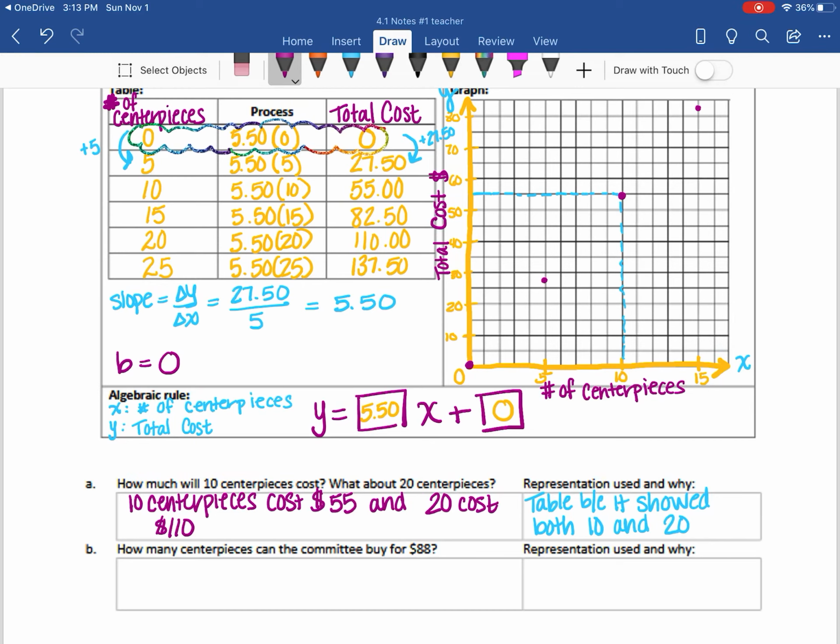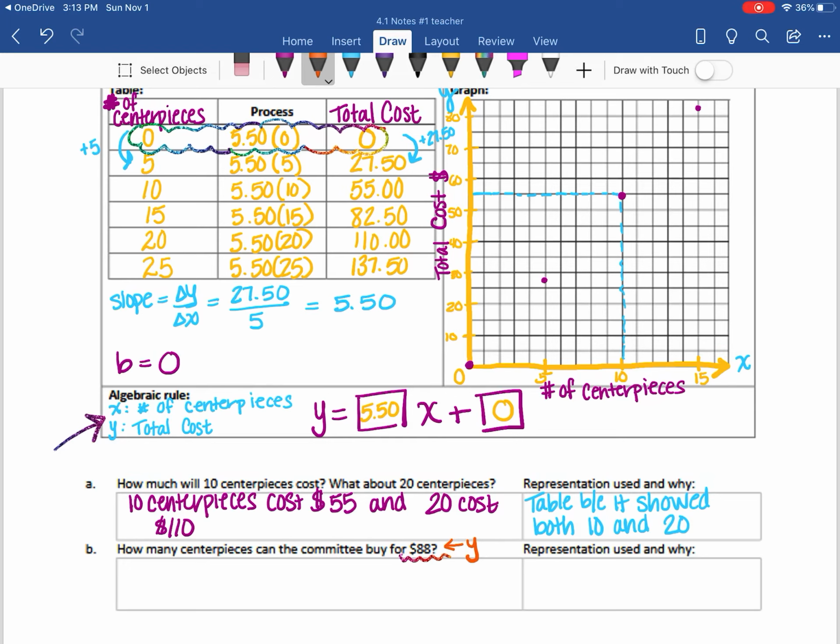So when we think about how many centerpieces the committee can buy for $88, when we think about $88, we need to look at our labels, which are right here. So does $88 represent the number of centerpieces, or does $88 represent the total cost? Okay, $88 is a dollar amount, so that represents the total cost. So this is a y value.